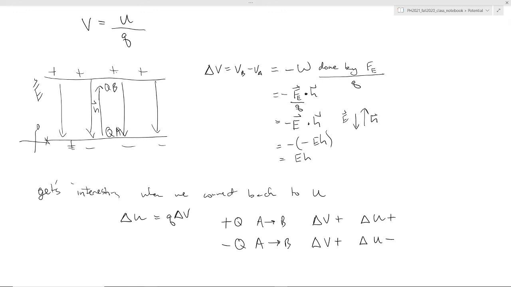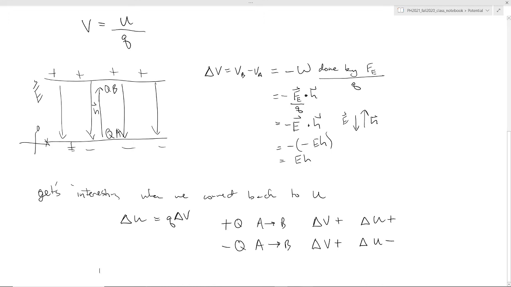So it would be losing potential energy. Hopefully this comparison to gravity is helpful to visualize potential and this connection to work. But be cautious because it's a little more complicated with the fact that charge can be both positive and negative. And also be careful about what direction you're going, as the direction is going to impact the sign.